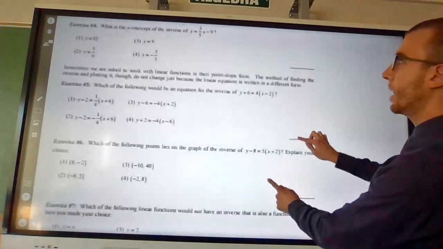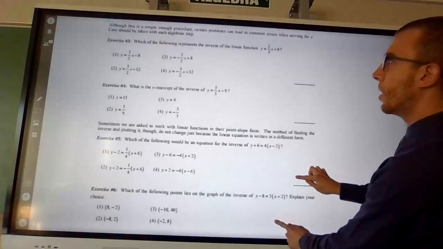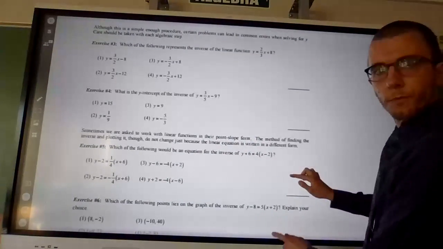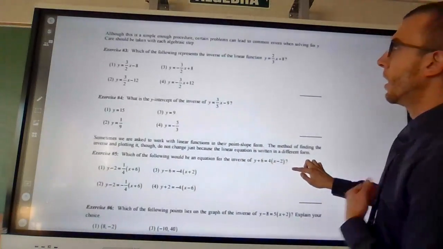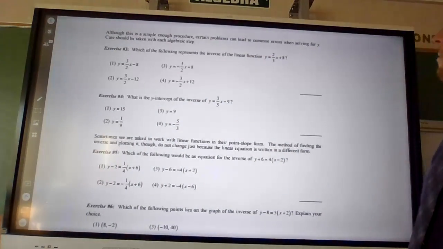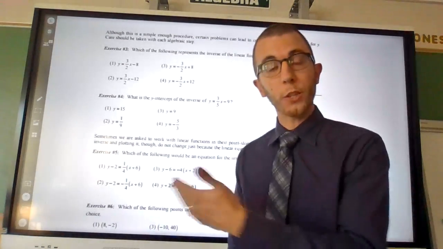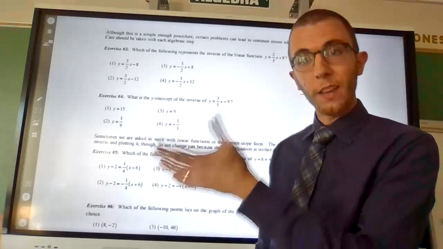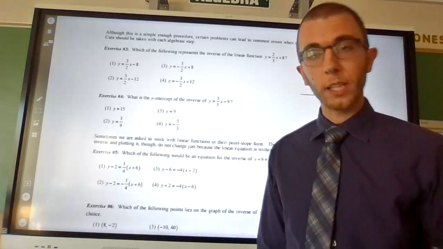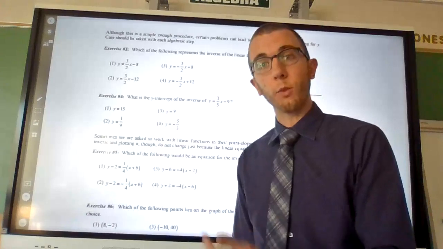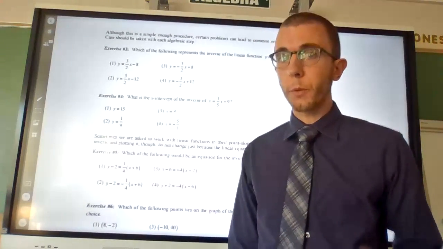All right, so on the back here, let's go. Of course, when we do anything in math, especially something that's more procedural like the inverse functions, switching x and y and then solving for y, that is a process, so that is procedural.